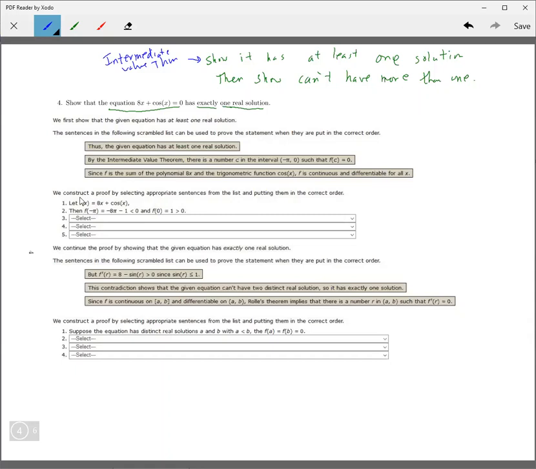What they've done here is that f of negative pi is negative 8 pi minus 1, which is negative, and f of 0 is 1, which is positive. So you have some value giving you a negative number and another value giving you a positive number. Because this is continuous, by the intermediate value theorem, there has to be a number in between them that gives you 0.